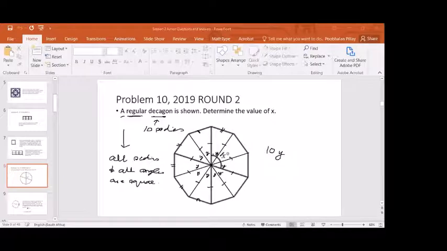And they all add up to 360 degrees, which means that each one of them is 36 degrees, right? And if you look at it, x is actually 3 of these y's, and 3 times 36 is 108. So the answer is x is 108 degrees.